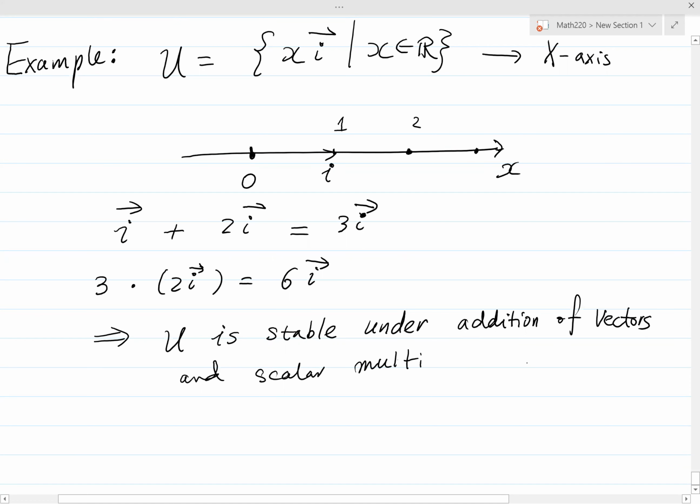If you rescale the x-axis, which has infinite length, you again get the x-axis, so it's stable under scalar multiplication.